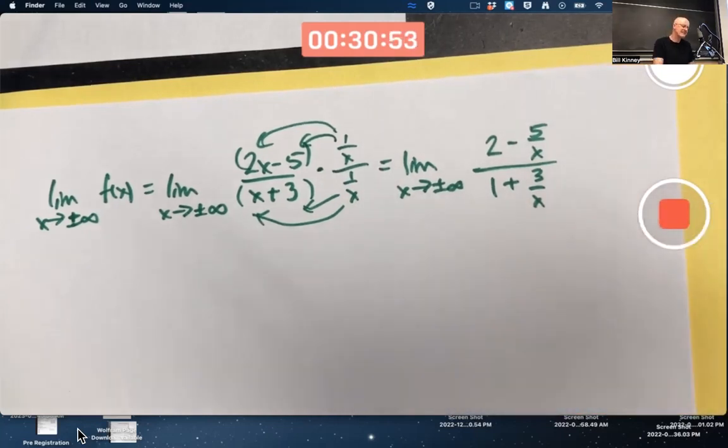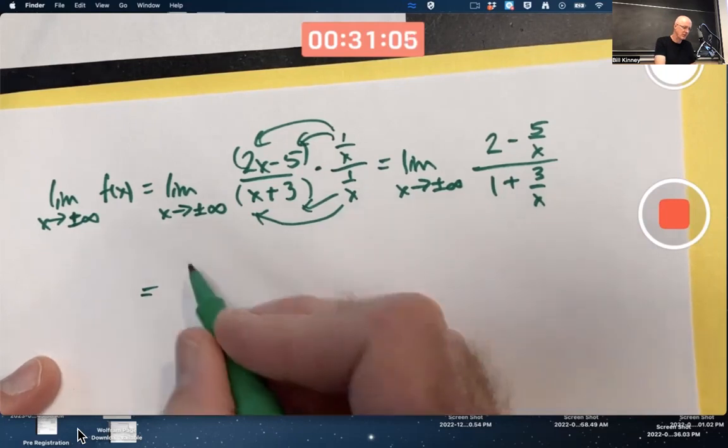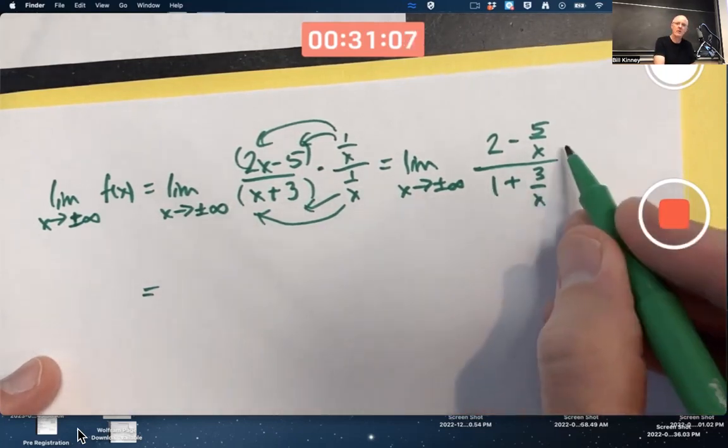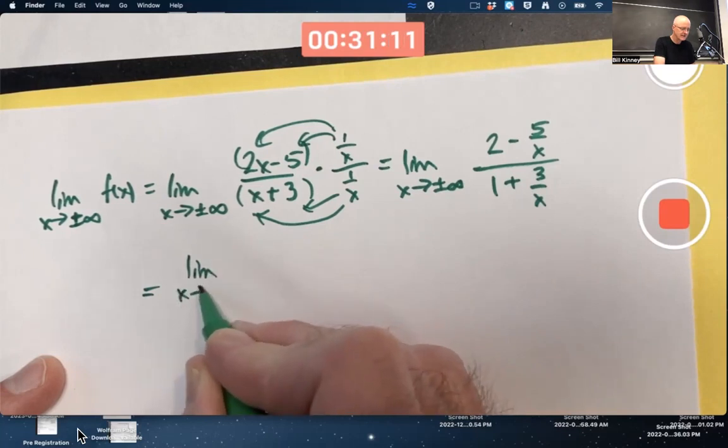Oh, we should be a little bit more careful, though. At least one time in class and 1 or 2 times on your homework, we should really be a little bit more official and use a property of limits. The limit of a quotient is the quotient of the limits.